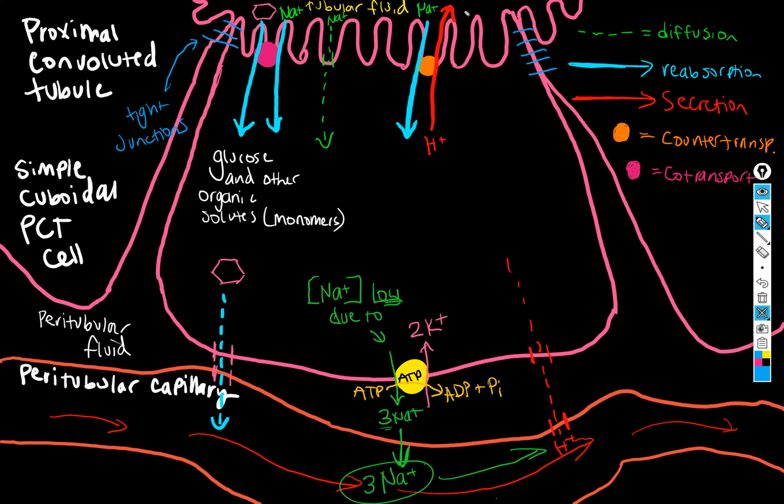So we have the end result, CO2 and water, which I'll draw up here. So the CO2, since it's consistently going to be higher in the tubular fluid than inside of the PCT cell, it's just going to diffuse on in. No problem. It's a tiny gas, doesn't have any trouble getting across the membrane on its own.